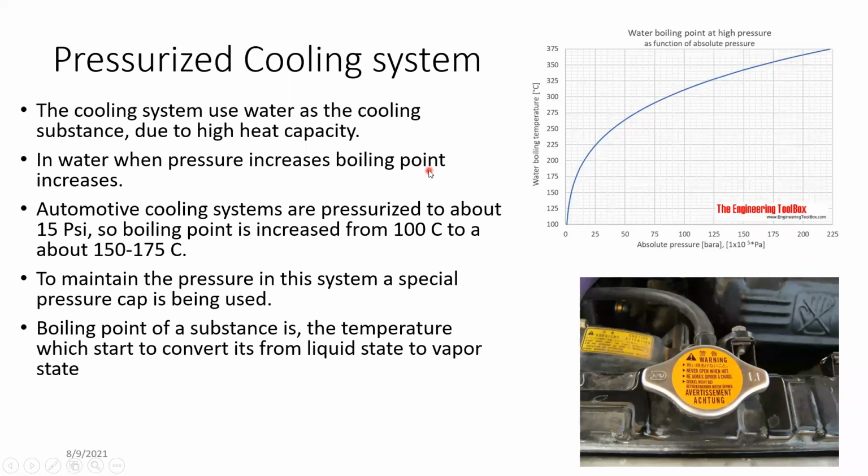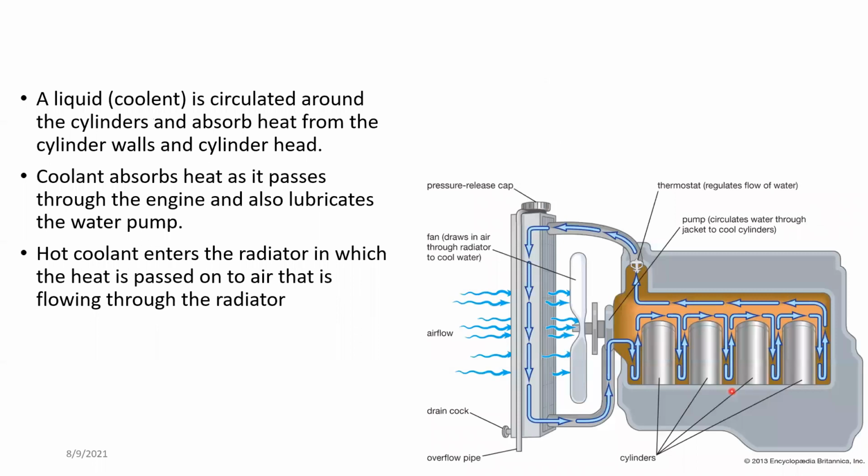To maintain this pressure inside the system, it uses a special component called the radiator pressure cap. By using this, the engine is capable of maintaining higher temperature, as the water circulates again and again.